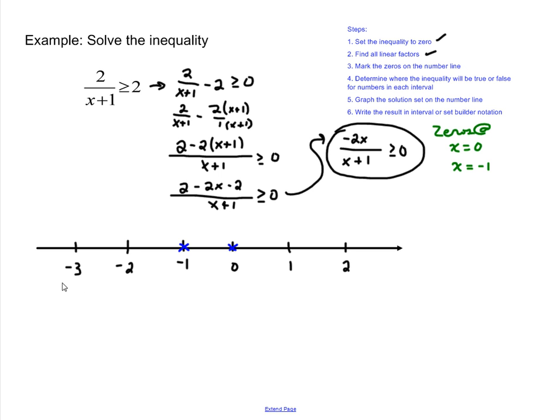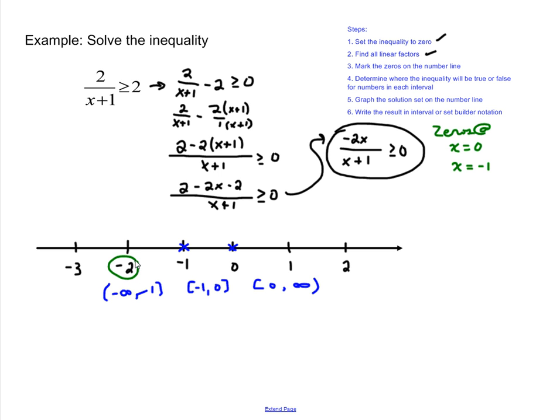In this case, we've got 3 possible intervals. One from negative infinity to negative 1. One from negative 1 to 0. And one from 0 to positive infinity. And so these are the ones that we're going to test. We're going to have to choose some test values within each interval.